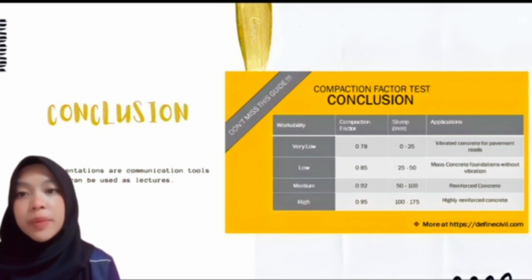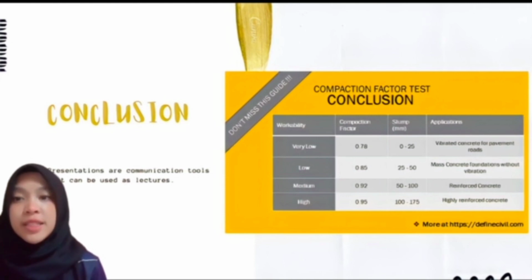The relationship between workability and compaction factor is that the higher the compaction factor, the higher the workability. This test is particularly useful for drier mixes for which the slump test is not satisfactory. This should conform to BS 1881-103.